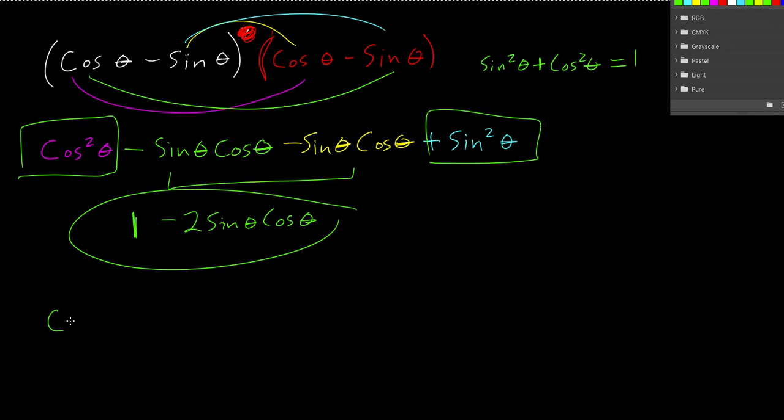Now they want us to factor. So we have cosine squared alpha minus sine squared alpha. And so this is a method called difference of squares. And it's where you write the square root of the first piece plus the square root of the second piece.